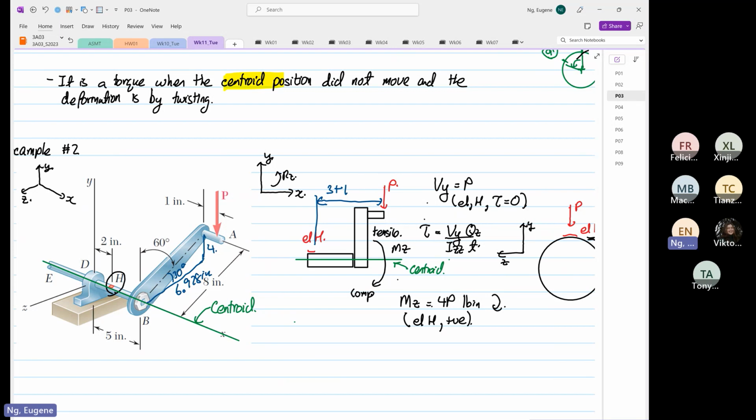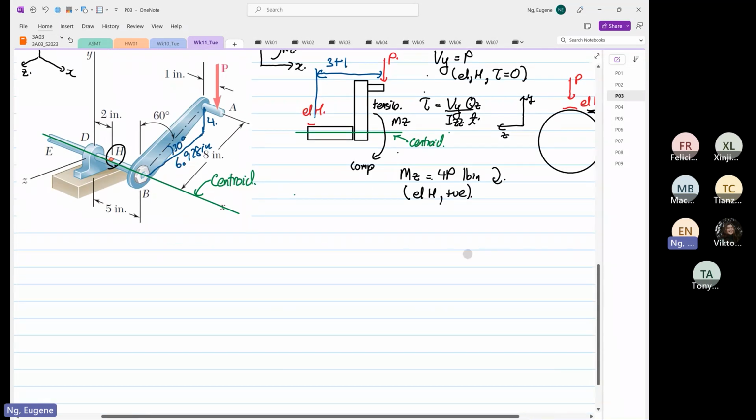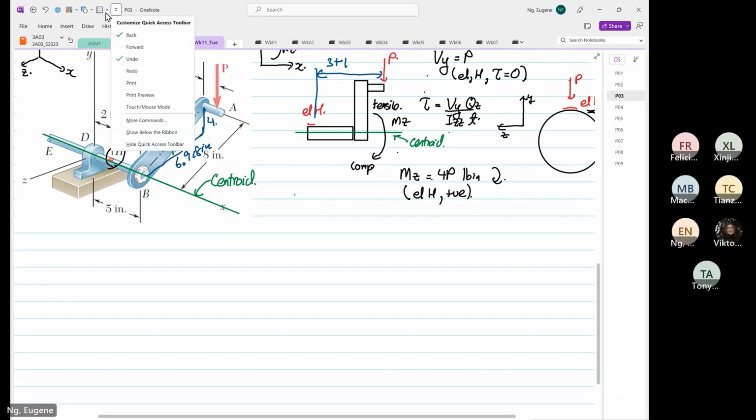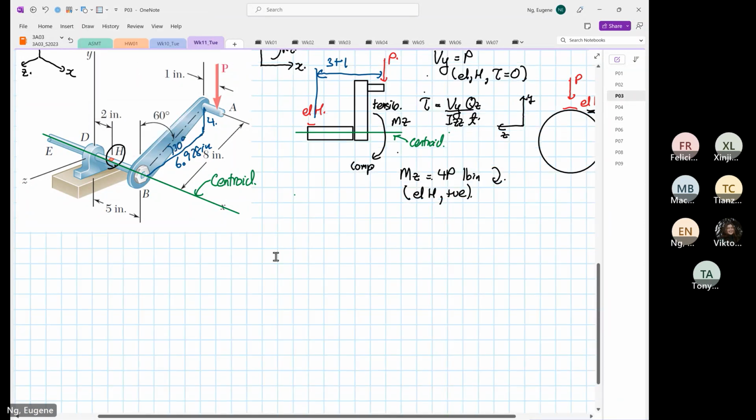Okay, so one view is done. Next, we are going to look at the other view, which is the YZ plane.